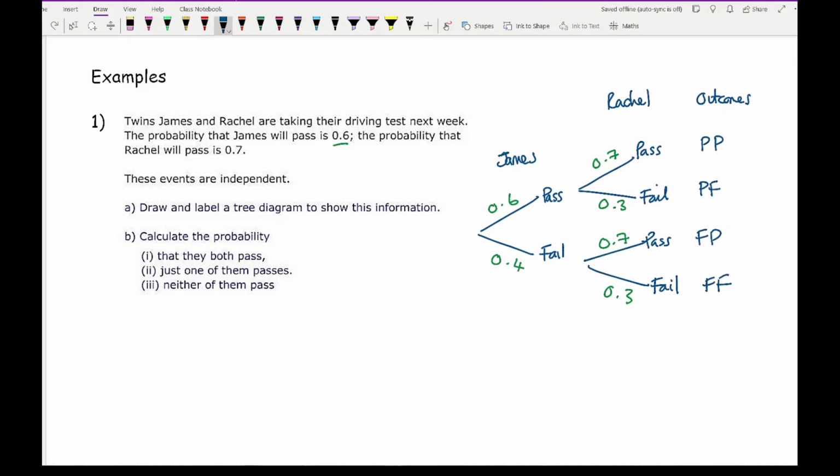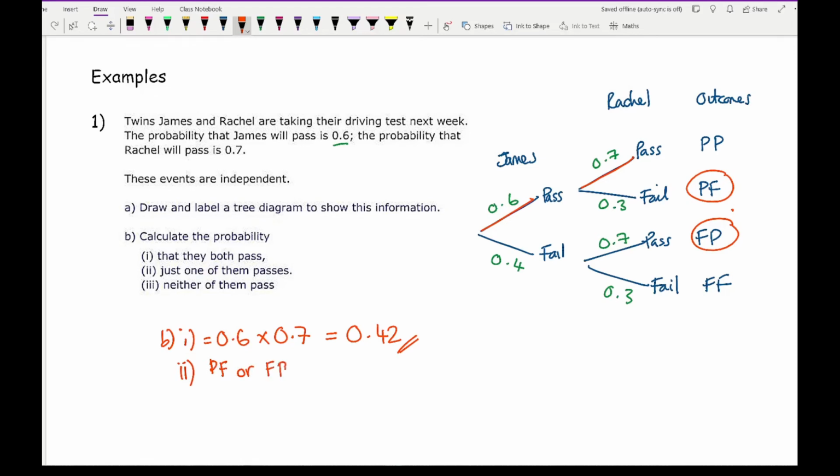And then for B, it says calculate the probability that they both pass. So for B1, that is going to be this direction here. It's going to be 0.6 times 0.7, which gives me an answer of 0.42. Then the probability that just one of them passes: either I want this or this. So for number 2, it's either going to be pass fail or fail pass.